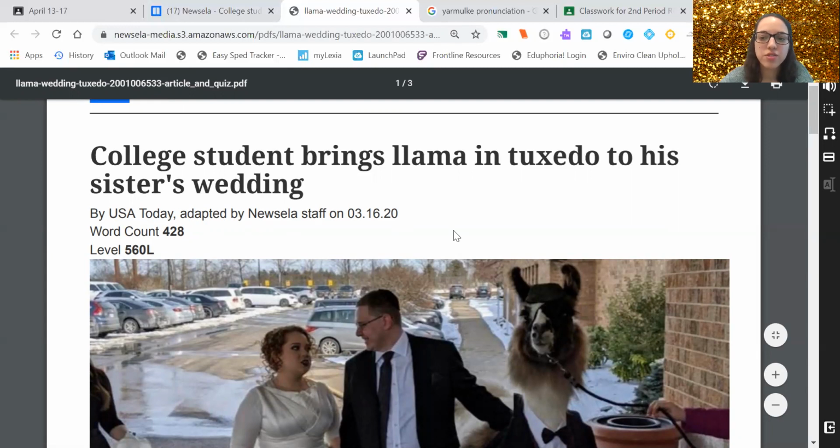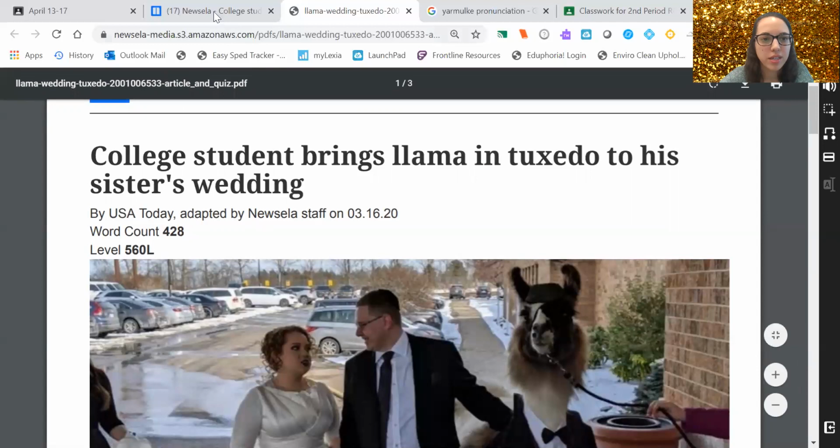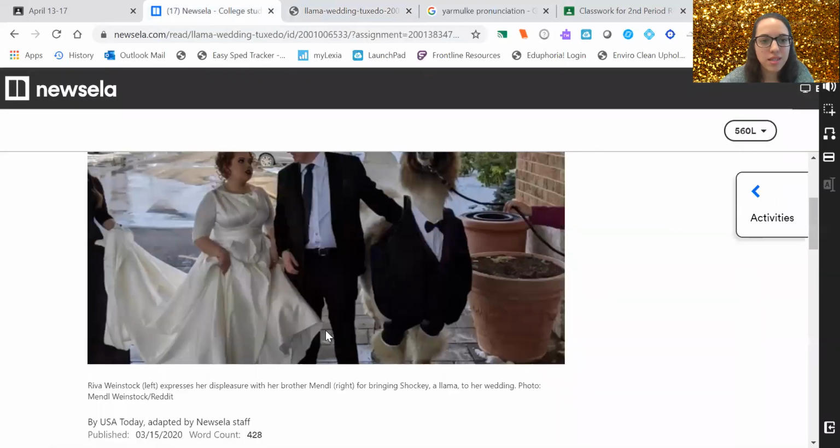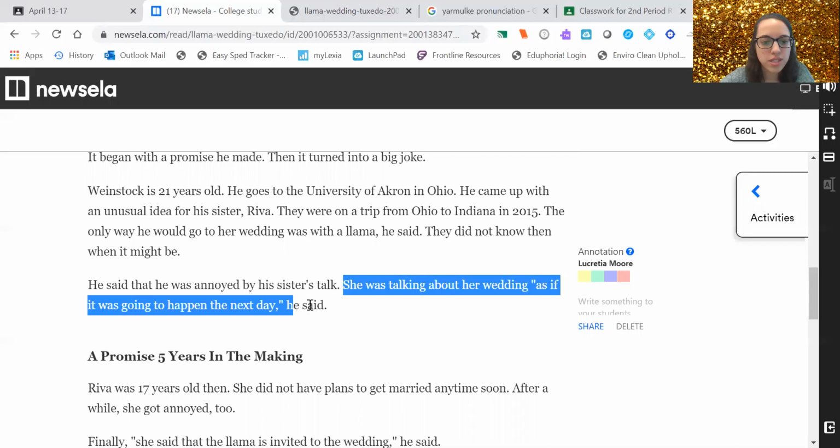Okay, so it is so important to annotate because it helps us remember important information while we're reading. Okay, so in the new Newsela option, you can highlight, just like in CommonLit. We did this in class in English, okay? You'll highlight the word or even the full sentence that you believe is important.